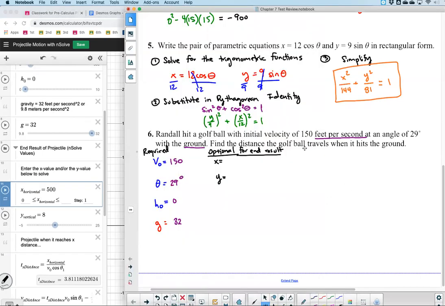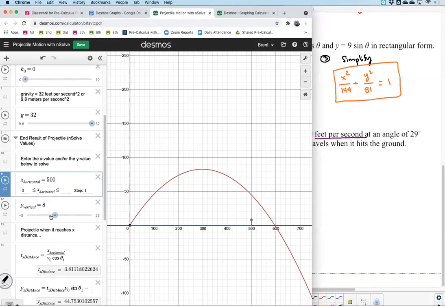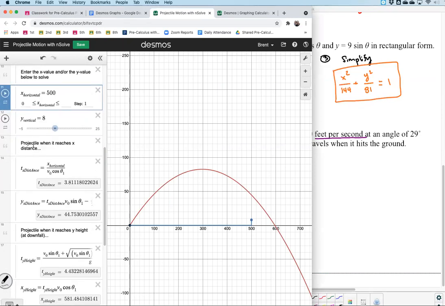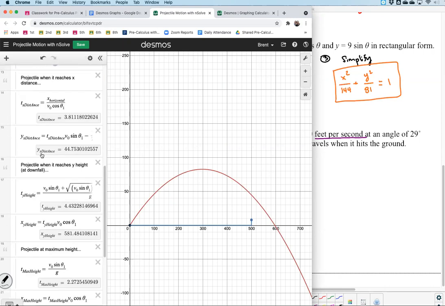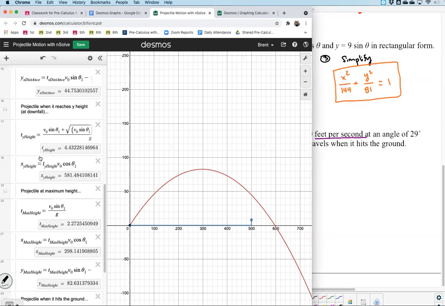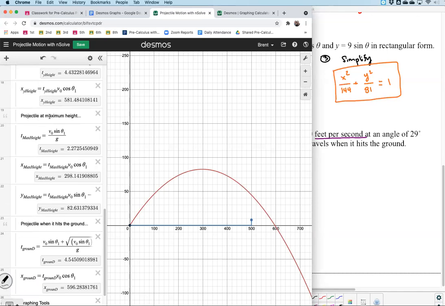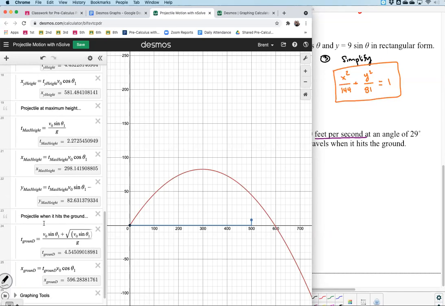What we want to know is how far does it travel when it hits the ground? That is one of the things I've had programmed to always solve. It can solve when it travels this x distance, the projectile when it reaches this height. I program those 2 things first. But there's 2 other items that I always have solved. I always solve for the maximum height, and I also solve when it hits the ground.